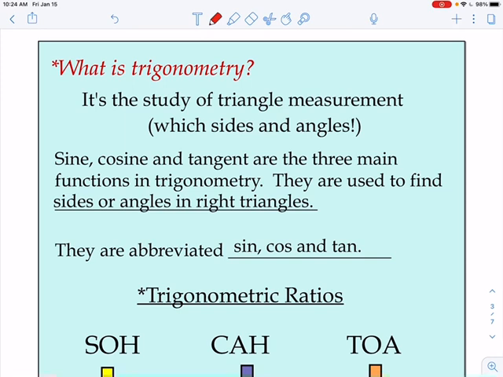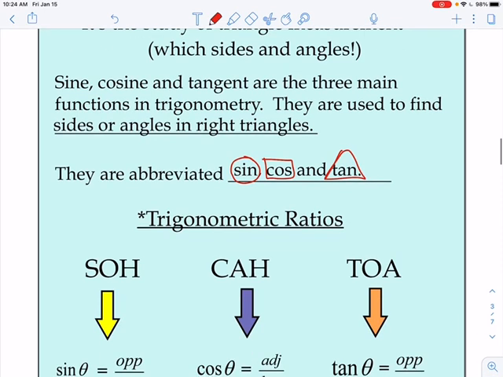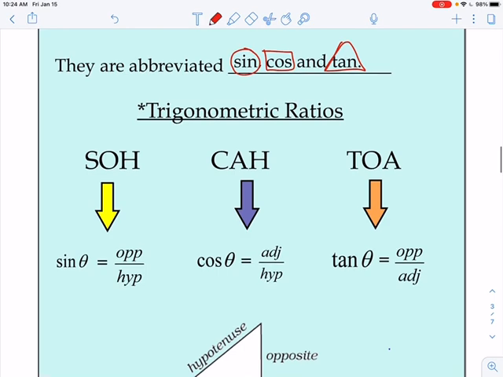So when we're talking about sine, cosine, and tangent, they are always abbreviated: SIN for sine, COS for cosine, and TAN for tangent. Okay, and you're going to have three trigonometric ratios then. Ratios are just fractions. So we're going to have something for the sine, something for the cosine, and something for the tangent.